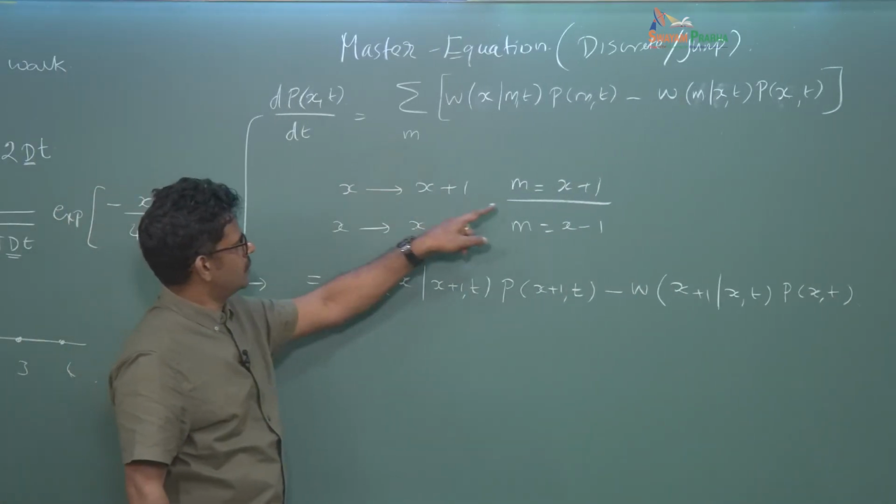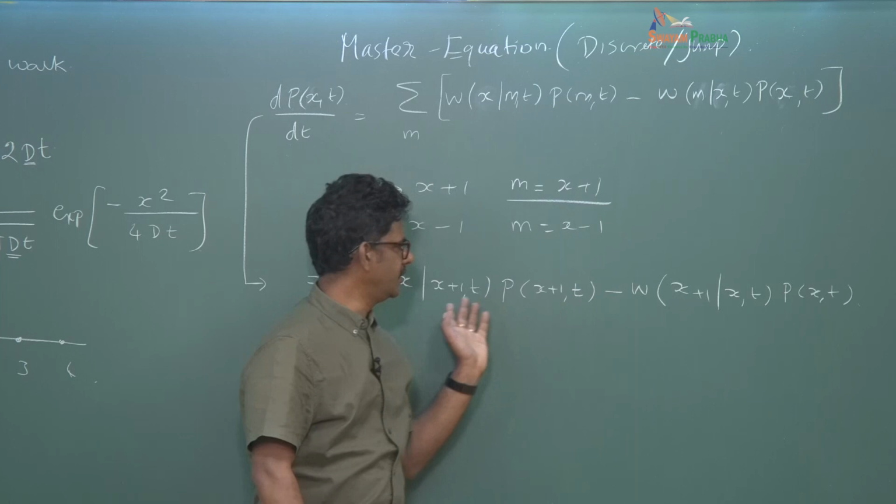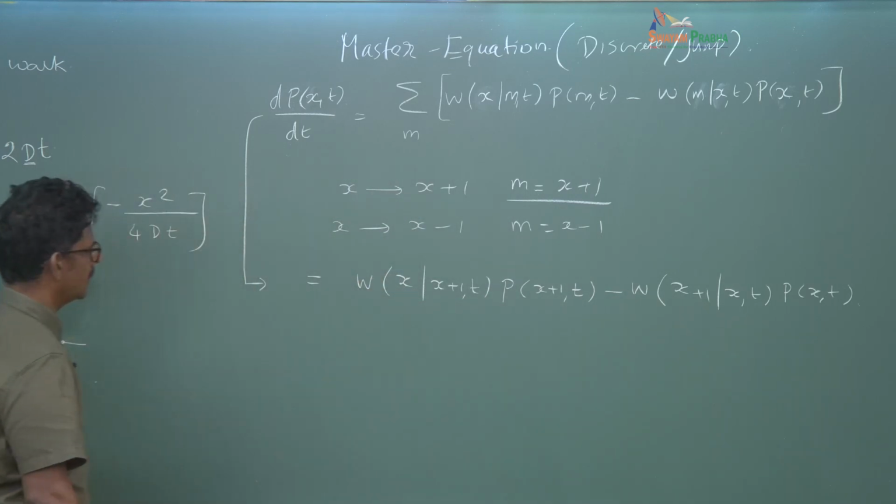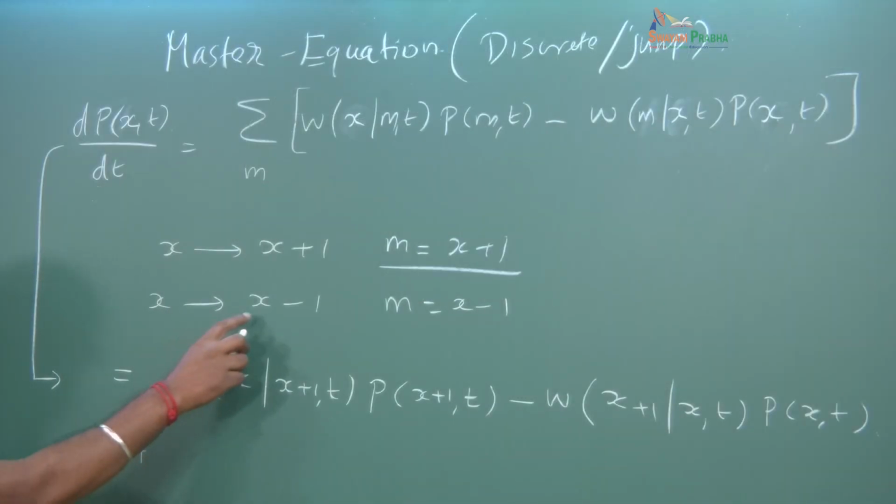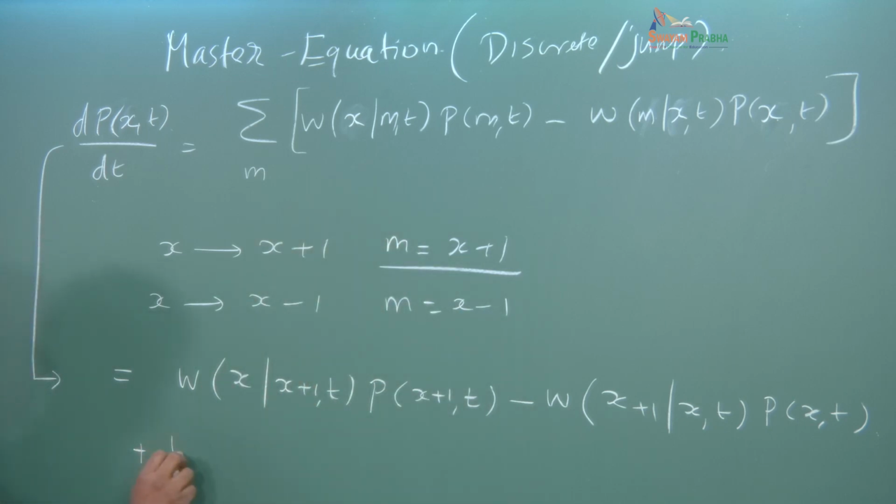When you substitute m is equal to x plus 1 in here, you will get these two terms. Then we have m is equal to x minus 1.